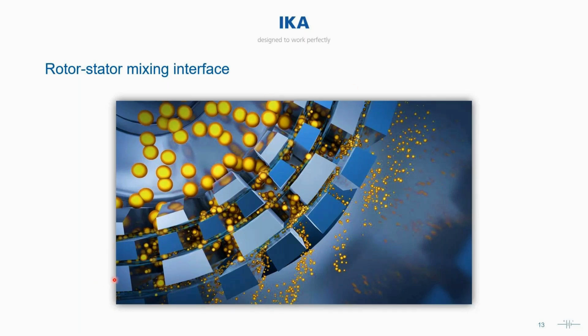And we have these dark blue stators, which are stationary. We have our solid and liquid particles coming in from the center, these large yellow agglomerates. These agglomerates now must pass through two rotating rotors and two stationary stators before coming out on the other side, and the agglomerates are dissolved using this dispersion technology.